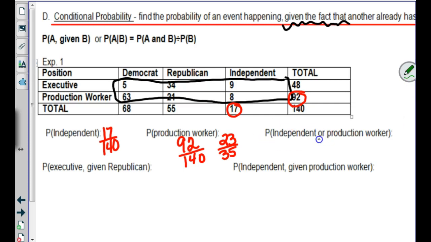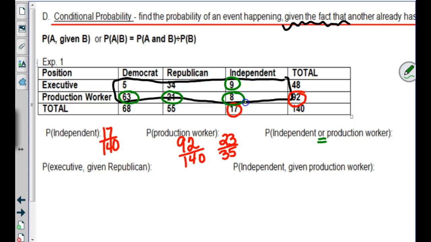Now, here's our first or. It says independent or a production worker. So you win if you're a production worker. So we need to count all of those. Plus you win if you happen to be just a plain independent, which would be these. Does everybody understand when it says independent or a production worker that we want to count all of those?